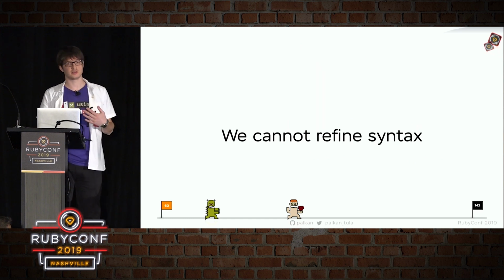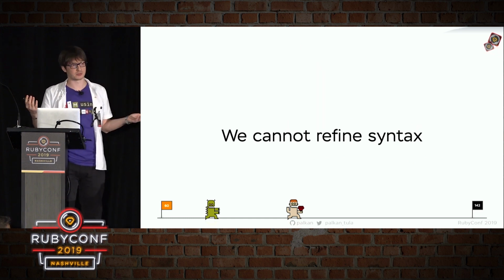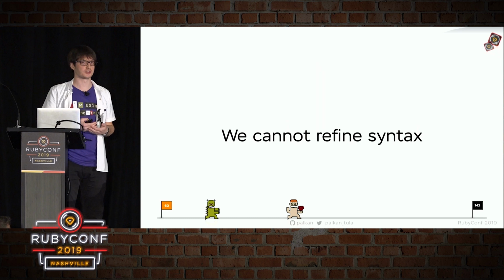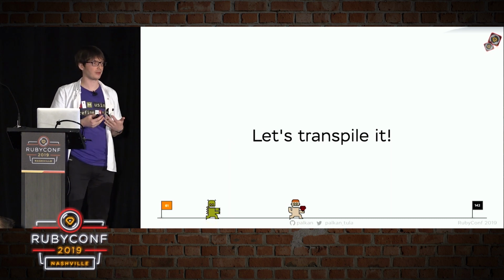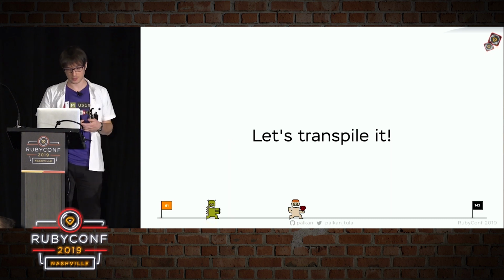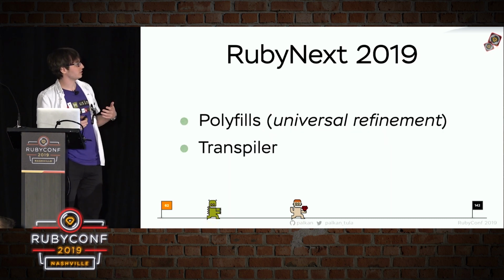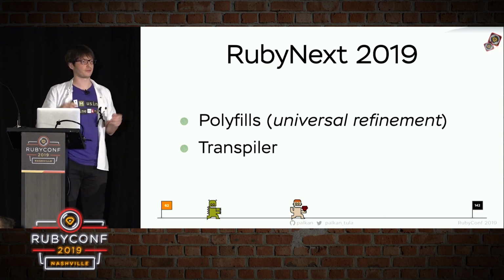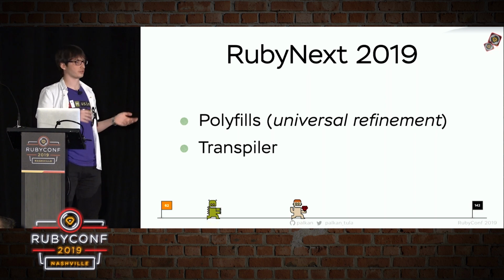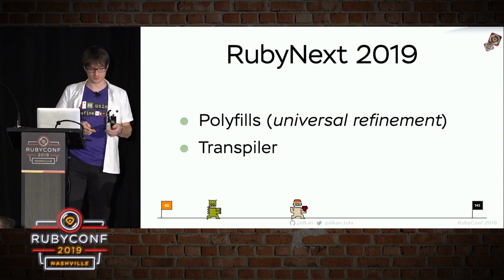But we cannot refine syntax, so it's kind of impossible. What can we do with syntax instead of refining it? Well, there is a technique called transpiling source code. And eventually, as of now, Ruby Next is a combination of a universal refinement for APIs and a transpiler for new syntax features.